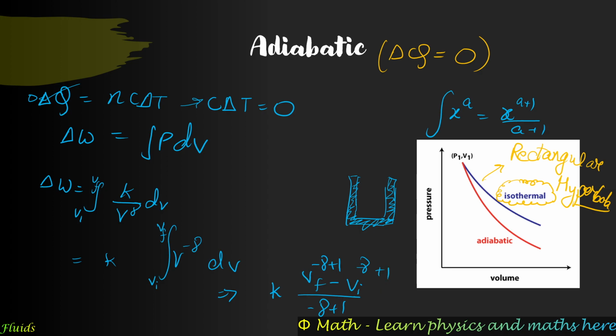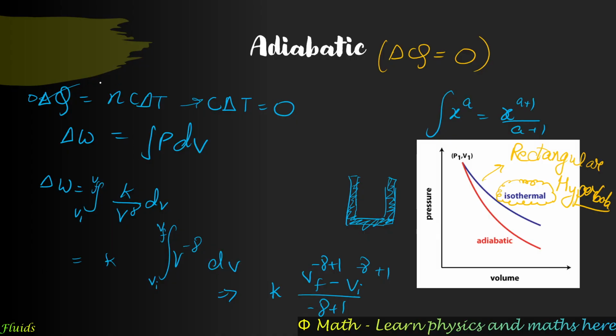Now, rearranging some terms to get a good looking result. Let us look at the result one more time. K times V final to the power minus gamma plus 1 minus K times V initial to the power minus gamma plus 1, and 1 minus gamma just sits outside.